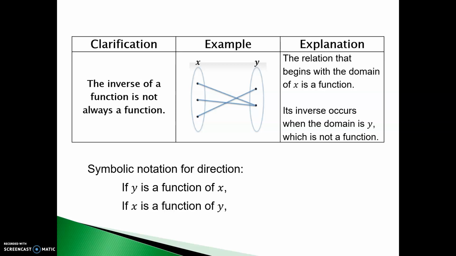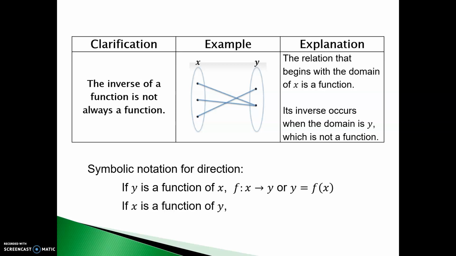If you remember from the worksheet, the only one where the function and its inverse are both functions is when you have a one-to-one mapping. Now for symbolic notation for direction: if we say that y is a function of x, then we're saying that x is getting mapped onto y, or we could write it as y is equal to f of x.